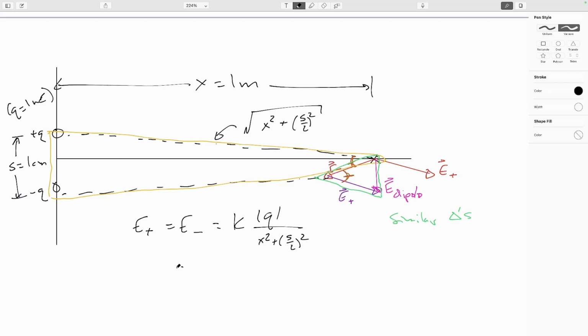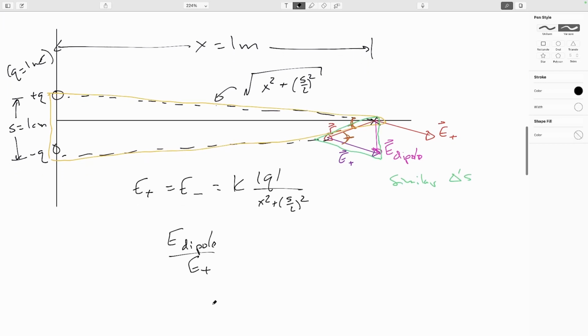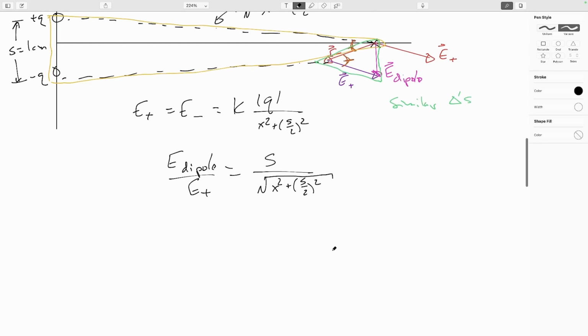I can say that E dipole is to E plus. I could choose E minus. It totally doesn't matter because they're both the same. The equivalent of this over here on the physical triangle is S. And then the equivalent to this is this hypotenuse bit here, the square root of x squared plus (S over 2) squared. So this gives me that my dipole field is going to be E plus times S over the root.